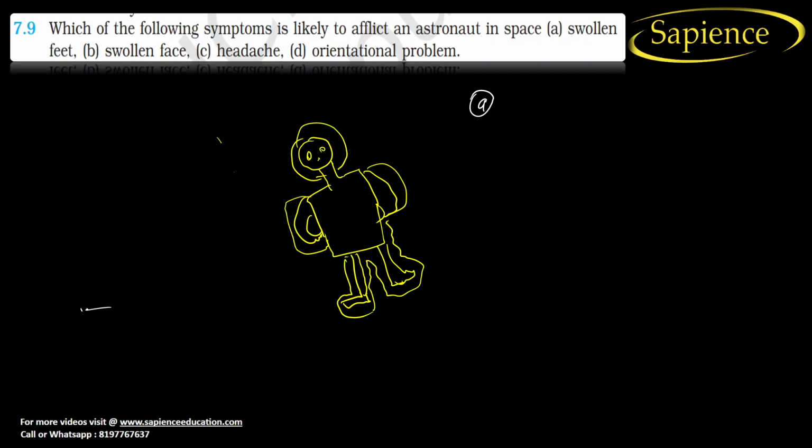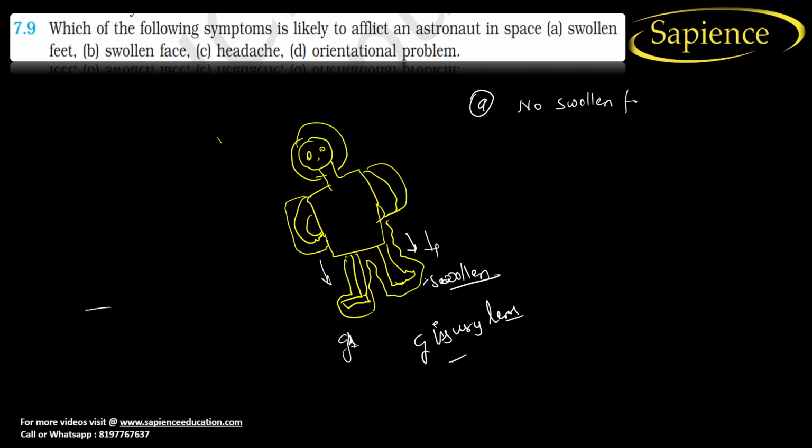When we walk, when gravity is very high, most of the blood in our body comes to the feet, so it will create swelling. But when an astronaut goes above, gravity is very less. So blood will not accumulate at the feet. So there will be no swollen feet. So I think A is the incorrect symptom.